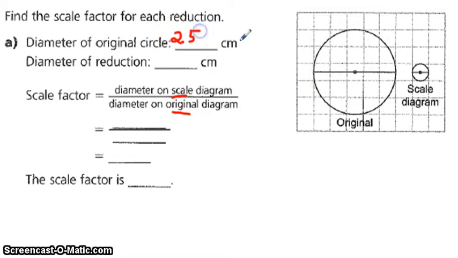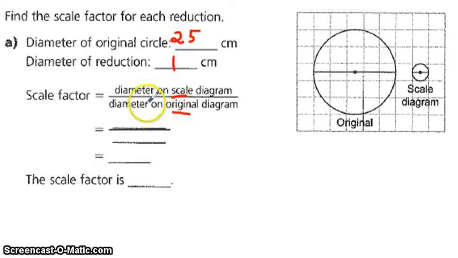Now, diameter is the distance across the circle going through the center of the circle. Half the distance is referred to as the radius. So we've got a diameter here of 2.5, and the diameter here from endpoint to endpoint is 1 centimeter. So when I work out my scale factor for this, it comes out to be 1 on the top.